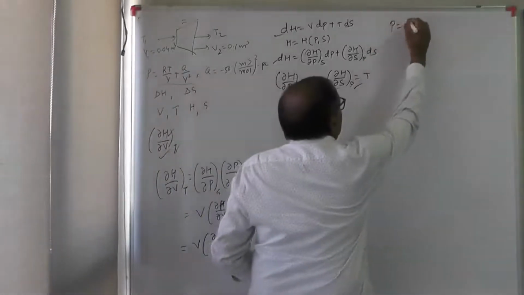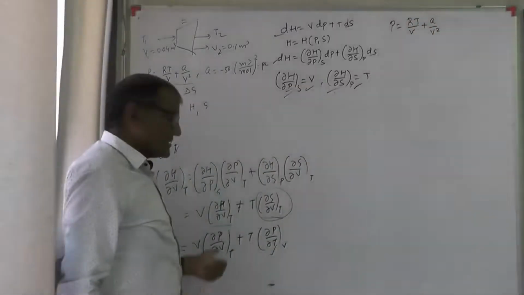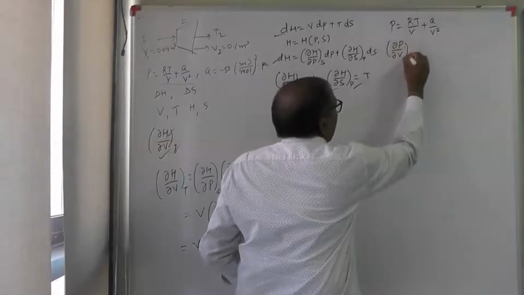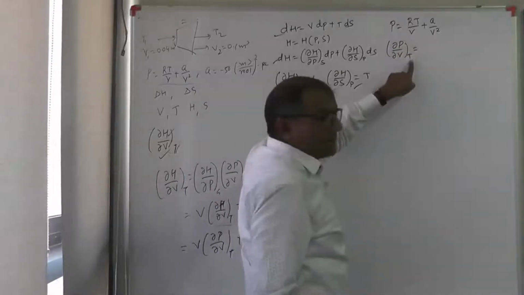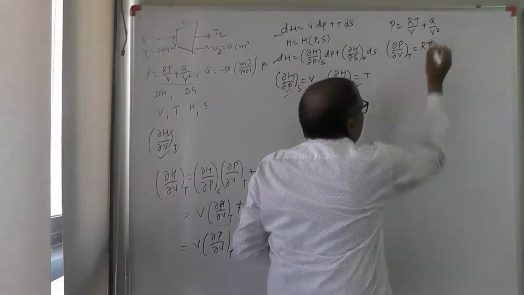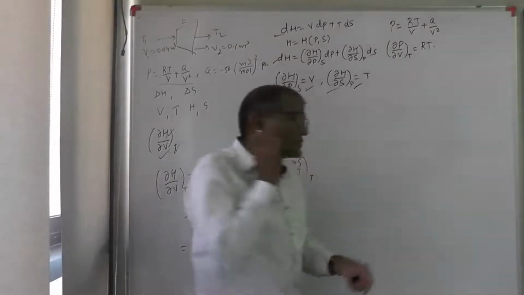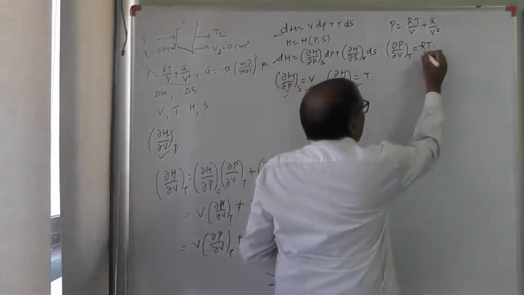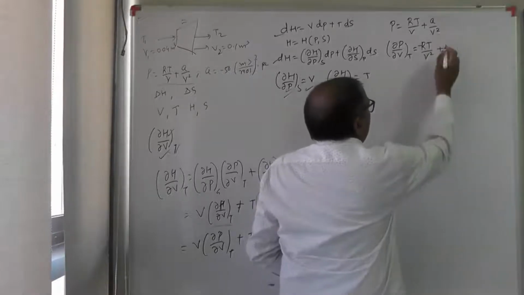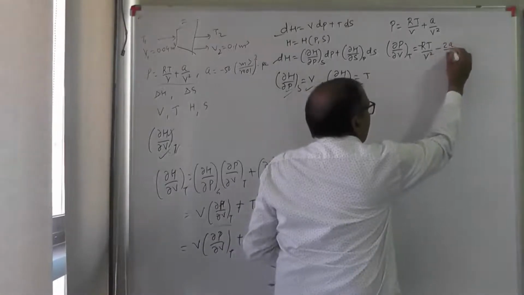The equation of state is P equal to RT upon V plus A upon V square. The first derivative is del P over del V at constant temperature. Keeping temperature constant, RT is constant into 1 upon V, that is V raised to minus 1, so the derivative is minus RT upon V square, and A is a constant with V raised to minus 2, so minus 2A upon V cube.